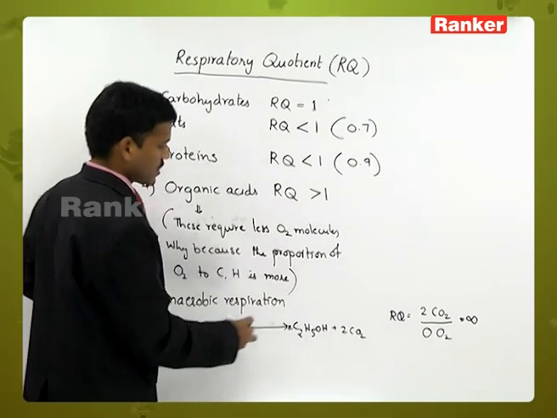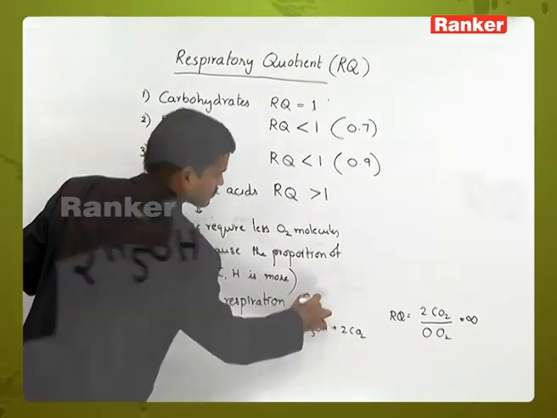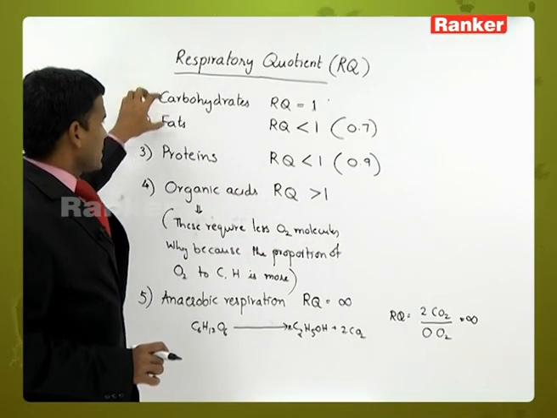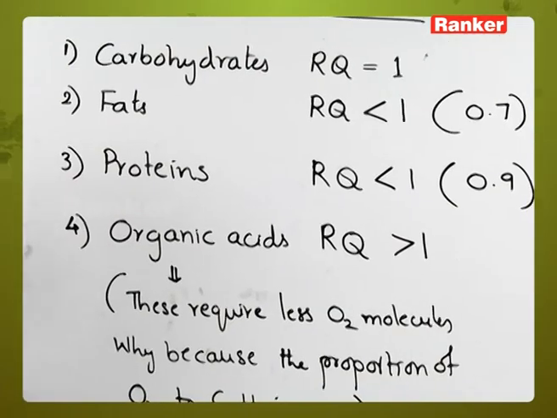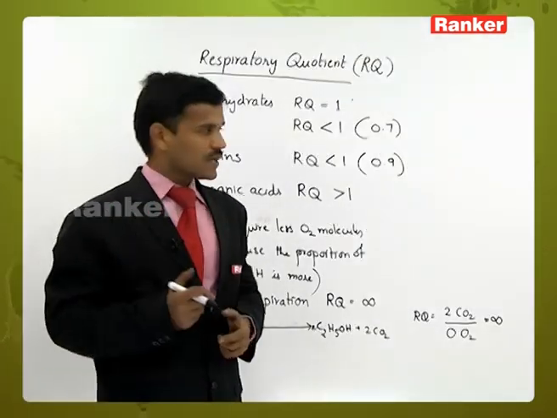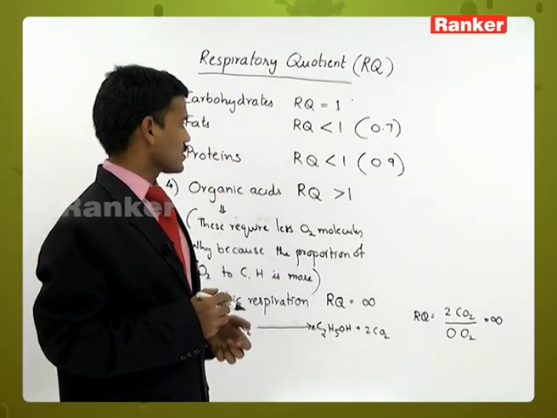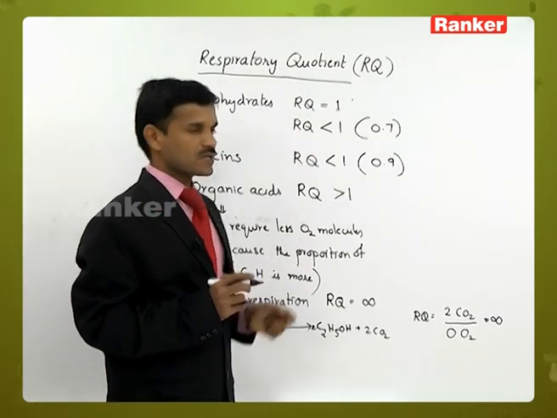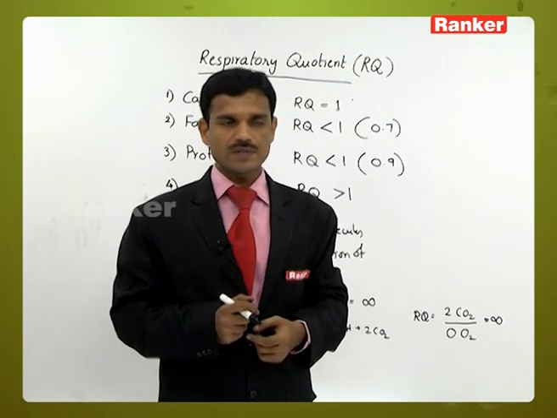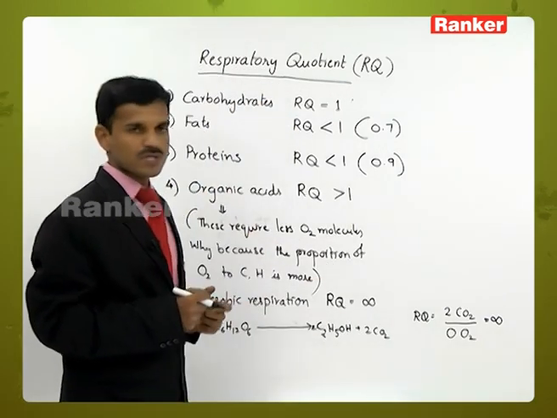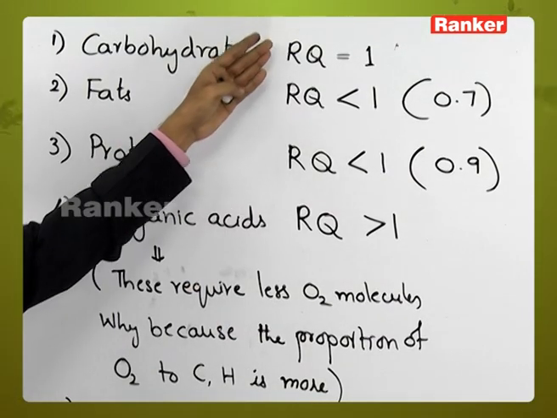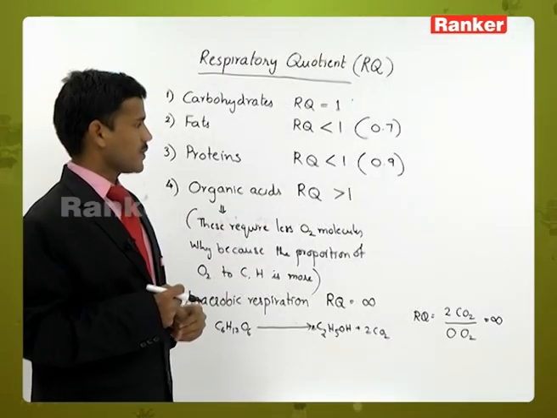So for anaerobic respiration the RQ value is infinity. Carbohydrates, fats, proteins, organic acids are respiratory substrates. If different respiratory substrates are involved in respiration, the RQ values are also different. So how can we measure the respiratory quotient? By using a respirometer, in controlled conditions, these values are measured.